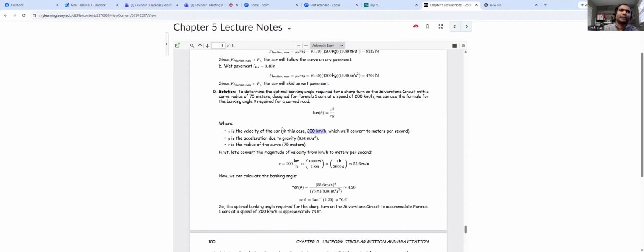So we have to convert it into standard units. Here you see how I convert. I get 55.6 meters per second. Remember that 1 kilometer is 1000 meters. These are the things we use.